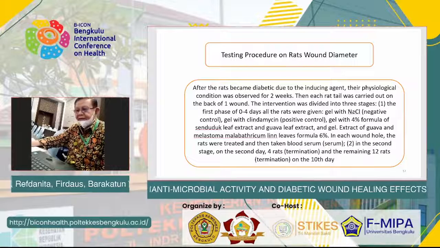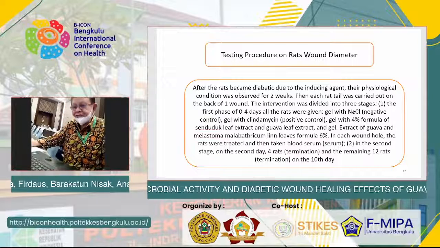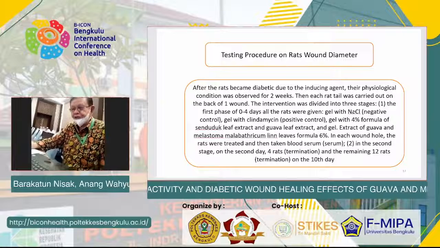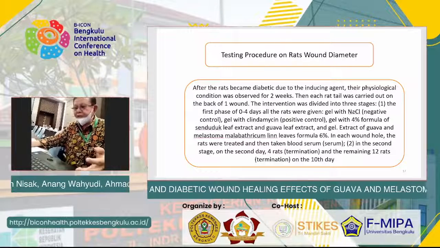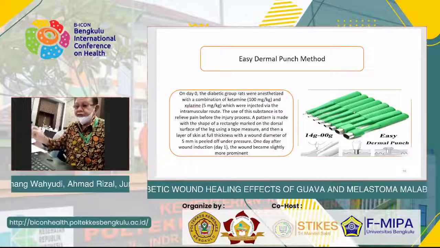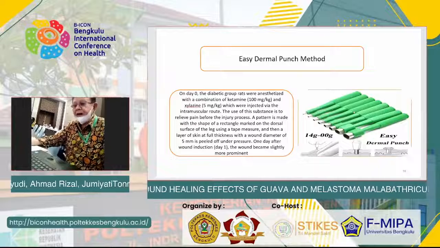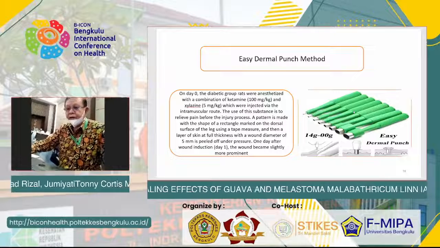And the second stage, on the 2nd day, 4 rats were terminated, and the remaining 12 rats were terminated on the 10th day. We are using the dermal punch method in order to make wounds on the rat on day 0.